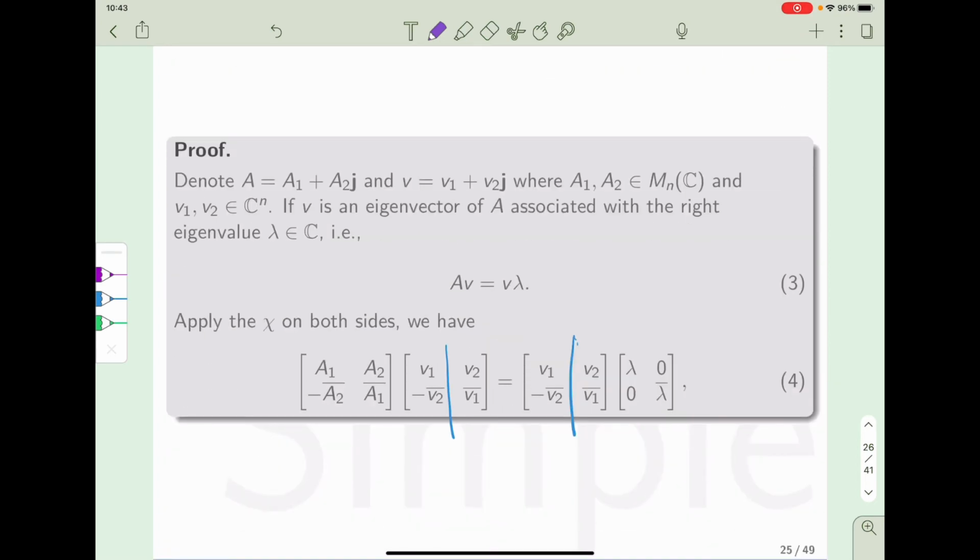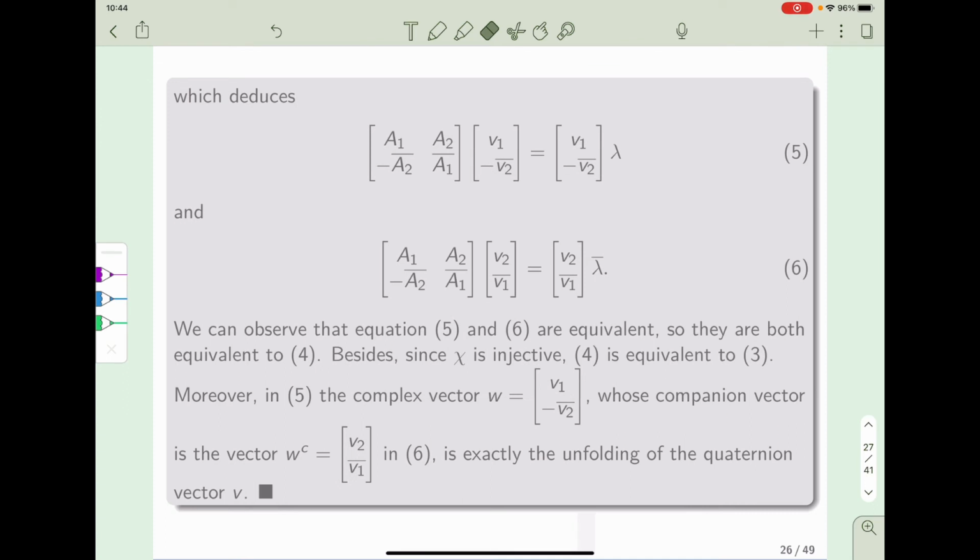For the proof, we suppose that V is an eigenvector of A associated with the right eigenvalue lambda. Then we can apply chi on both sides to have equation 4. And if we split this matrix in half, we can deduce the following two equations. Moreover, we can observe that equation 5 and equation 6 are equivalent.